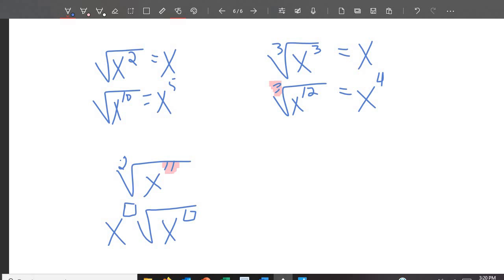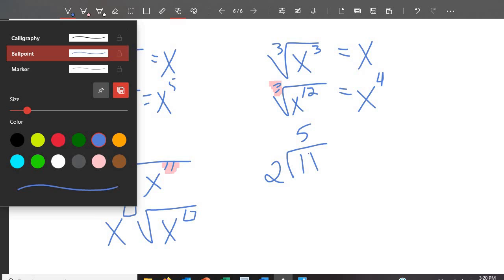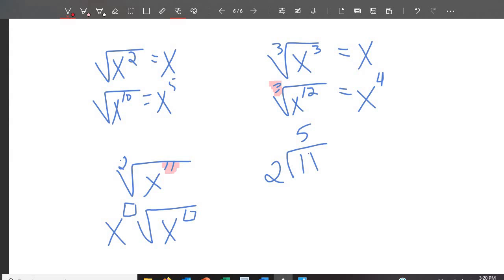Now, I'm going to show you this way, and I'll show you another way. So what you do is you just divide. In this case, 2 goes into 11 5 times. Now, this 5 is on the outside of the division symbol, so the 5 goes on the outside of the radical.